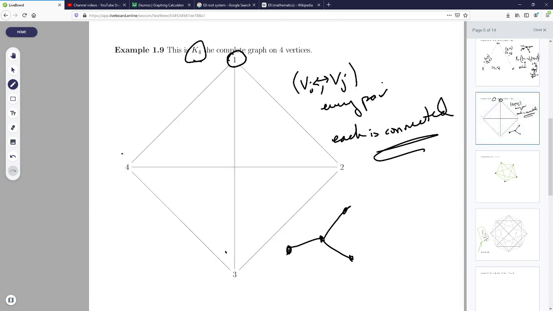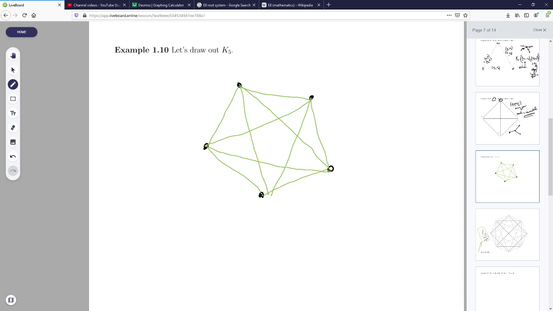K4 has 1, 2, 3, 4, 5, 6 edges. All right, let's count K5. 1, 2, 3, 4, 5, and then 1, 2, 3, 4. I think I've already counted that one. 5, right? Yes.